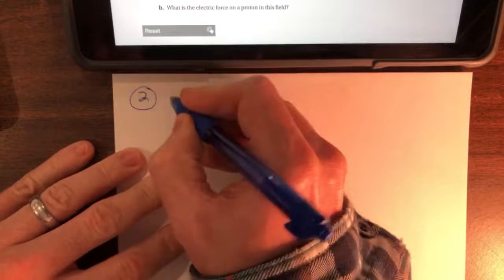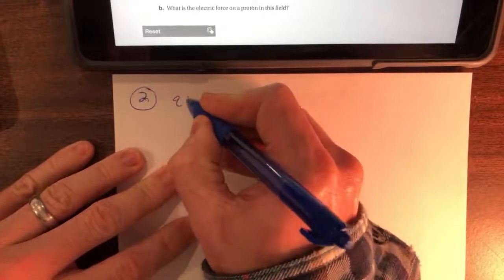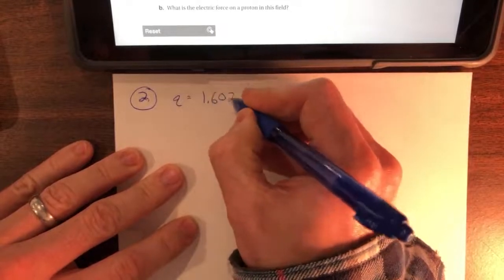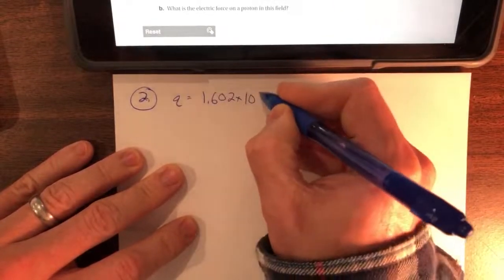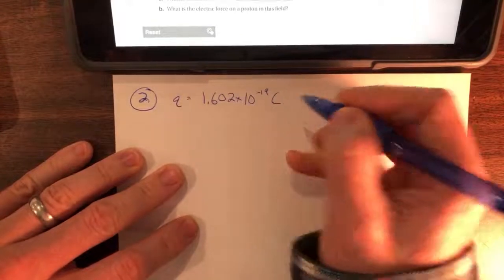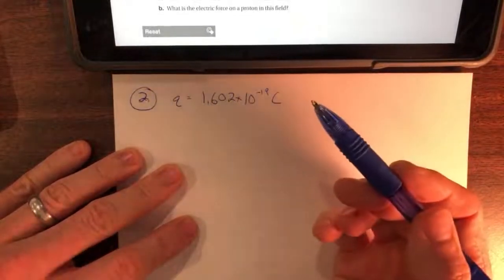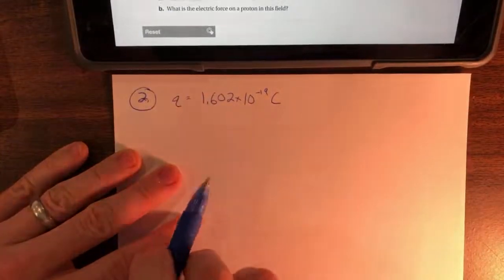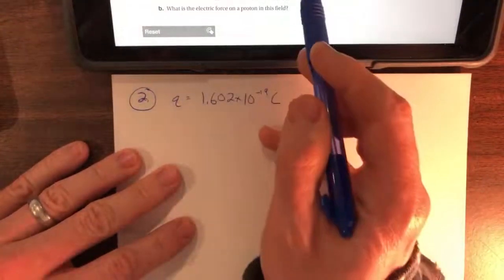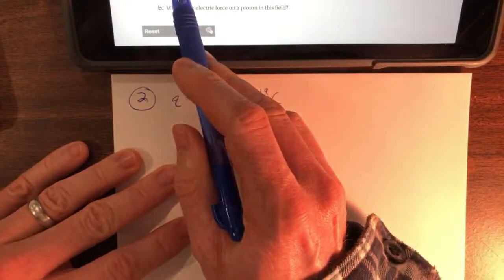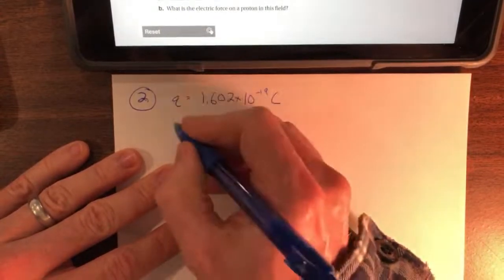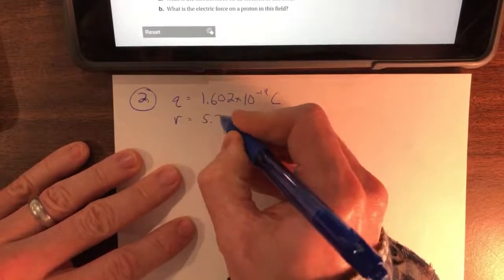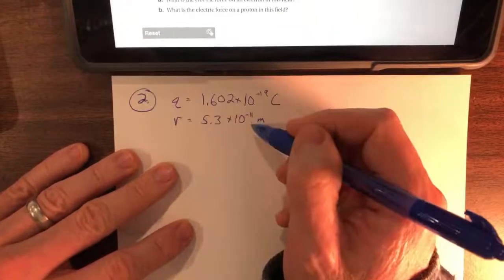So we can write down our Q, because it's a proton or electron, as 1.602 times 10 to the negative 19th coulombs. Negative if it's an electron, positive if it's a proton, whichever one you're talking about. They're separated by an average distance, so we have an R value, or distance, of 5.3 times 10 to the negative 11th meters.